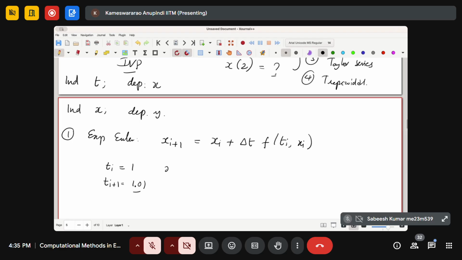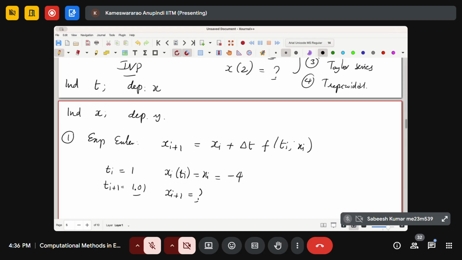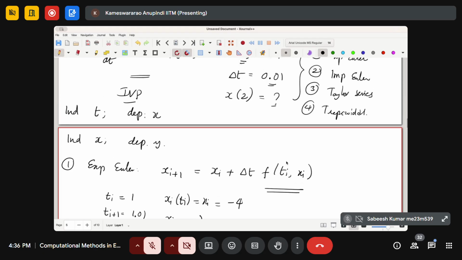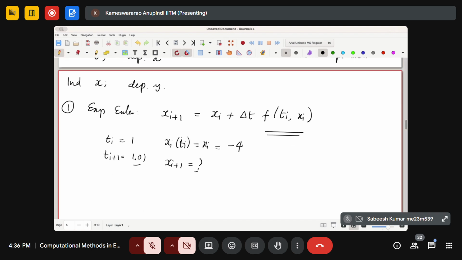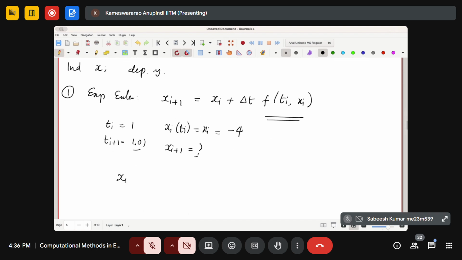But x at t_i, that is x_i, is given as -4, and we need to calculate x_{i+1}. That is the question. Of course, then we have to repeat the process. Here it is easy because f of t_i, x_i is nothing but what is on the right hand side. So I just need to write this as 1 plus x_i squared plus t_i cubed and substitute into this formula. So I can calculate x_{i+1}.